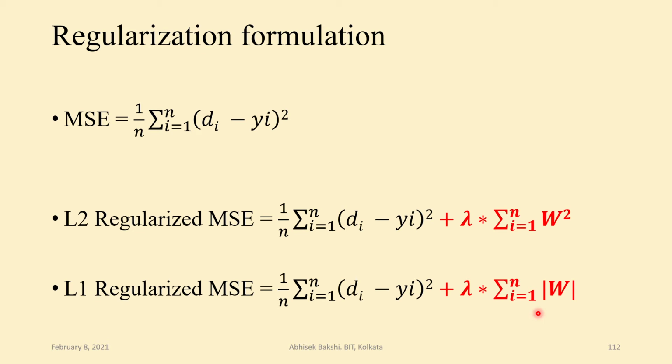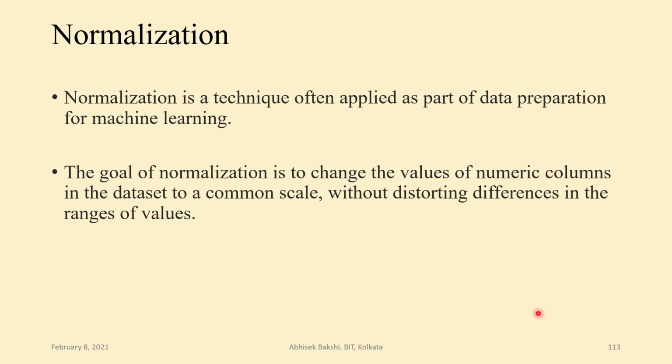So now we will start one more very important part of this learning process, that is what we call normalization. What is normalization? Let's see. Normalization is a technique often applied as a part of data preparation for machine learning. You see, it's part of data preparation.